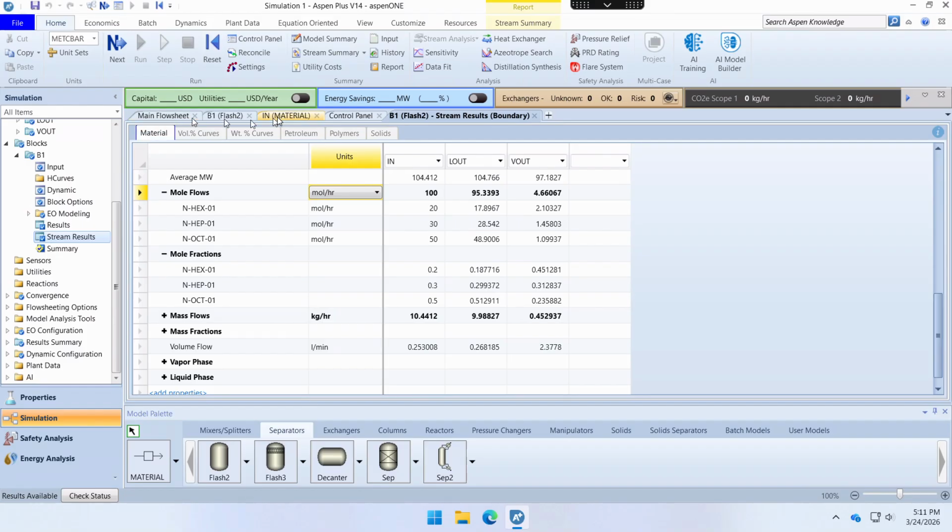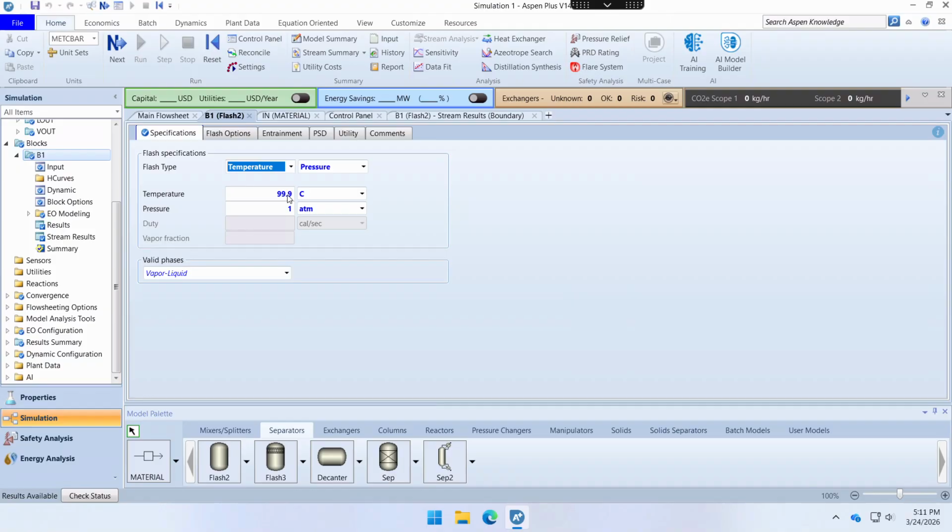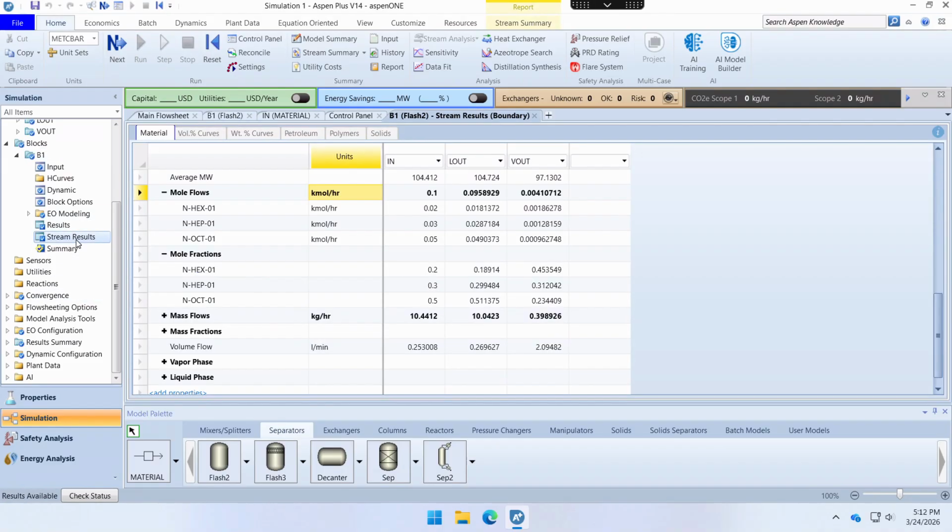So it tells me that 99.9 is the bubble point, but let's try 99.8. Okay, so it's inching up. It's 4% vapor, right? So I can fine-tune this by fiddling with the temperature, but let's find a more accurate way to estimate the bubble point.